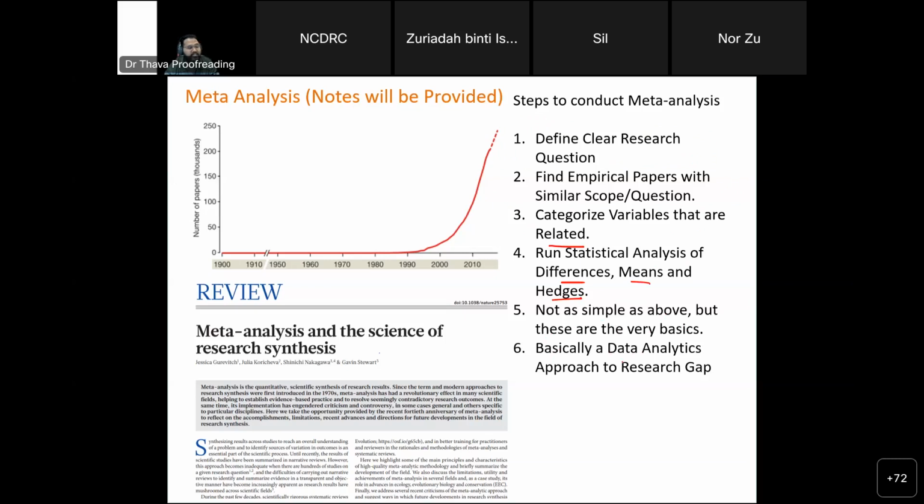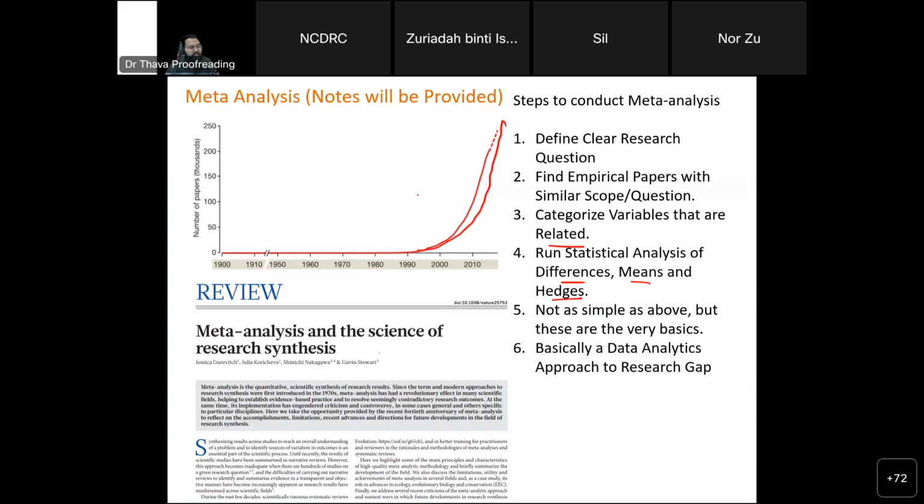Basically, it is a data analytics approach to research gaps. As you can see, after 1990, there is an exponential rise in meta-analysis papers because they are a very effective way of finding research gaps. Instead of doing meta-analysis, you can also explore meta-analysis papers in your own subject area to see what they have discussed.